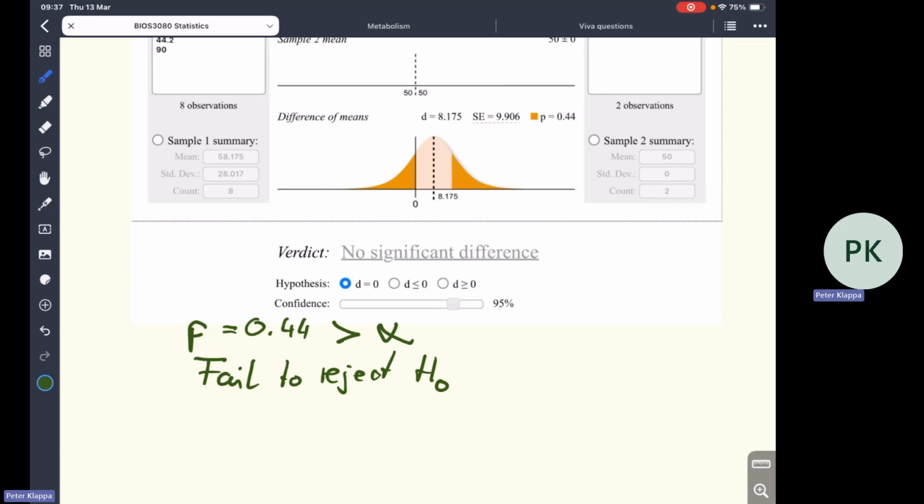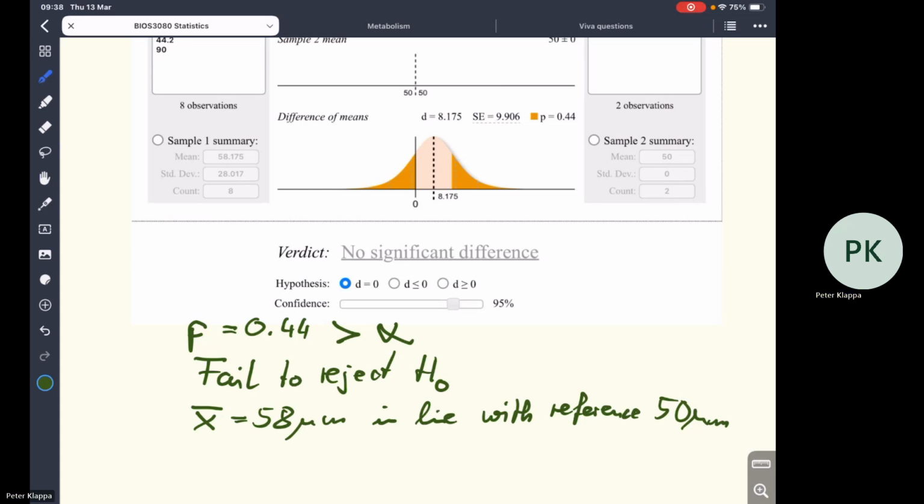This means although our sample mean was 58 micrometer, it is perfectly in line with the reference value of 50 micrometer.